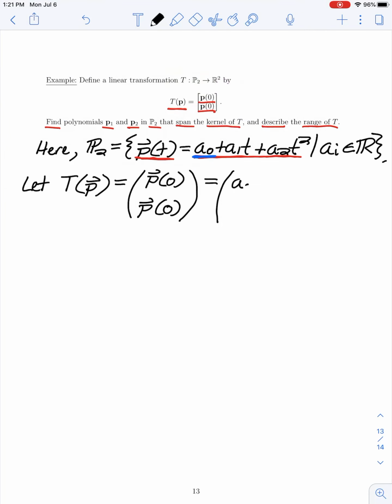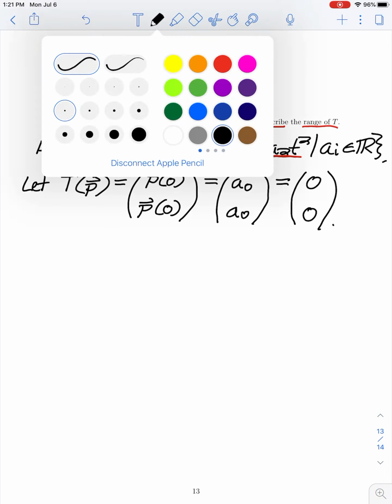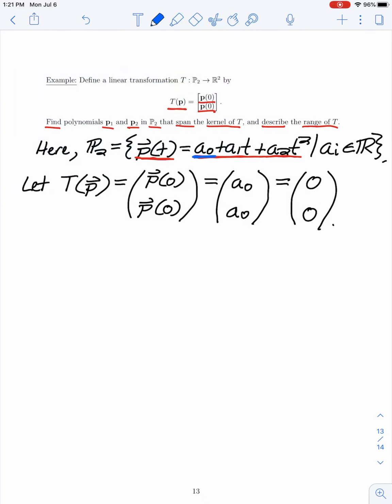So we would have something of the form a0, a0, which, to find the kernel of this transformation, we would set equal to the 0 vector. We're looking for the set of polynomials that map onto the 0 vector in R2. So we see here that we're talking about the polynomials where our constant coefficient, a0, is equal to 0.